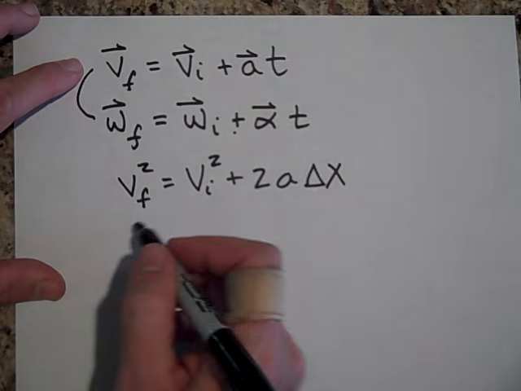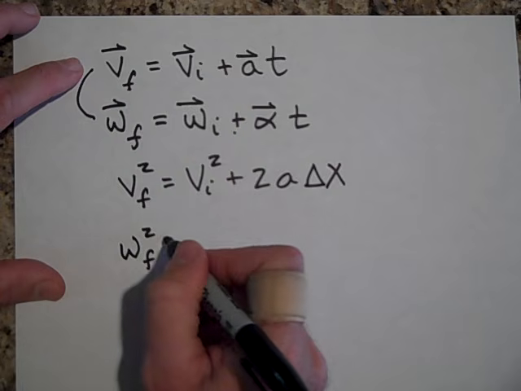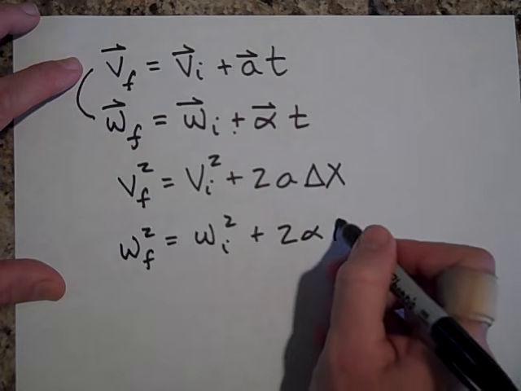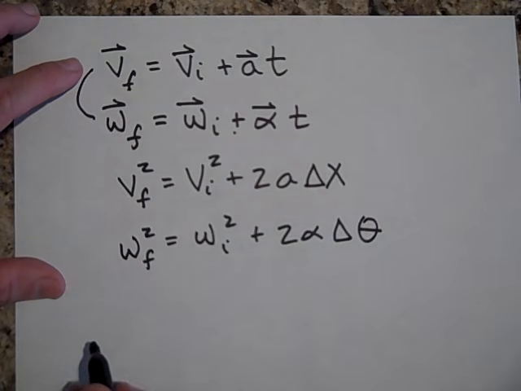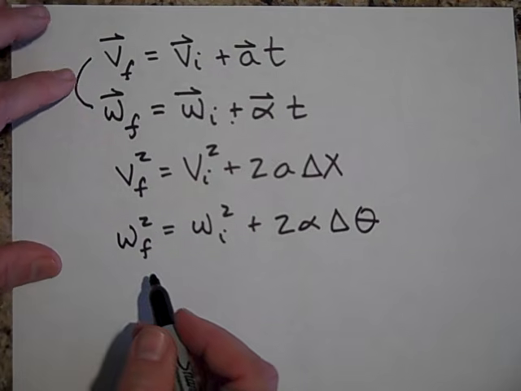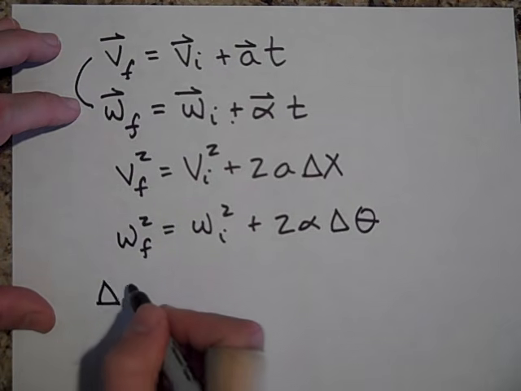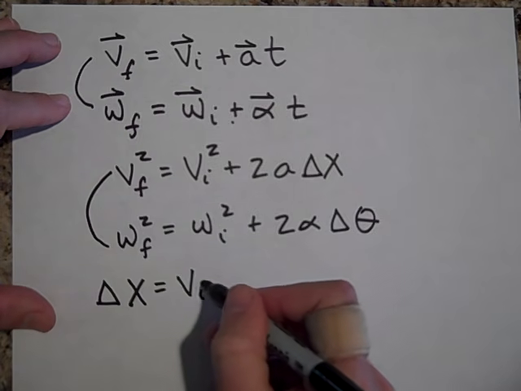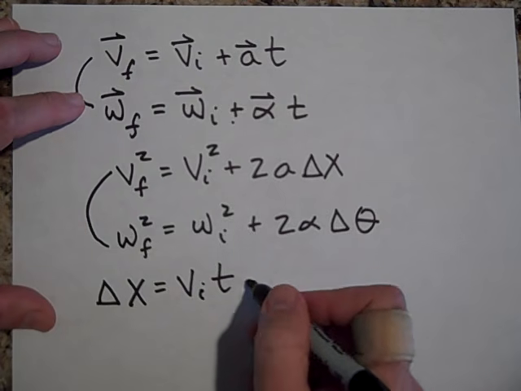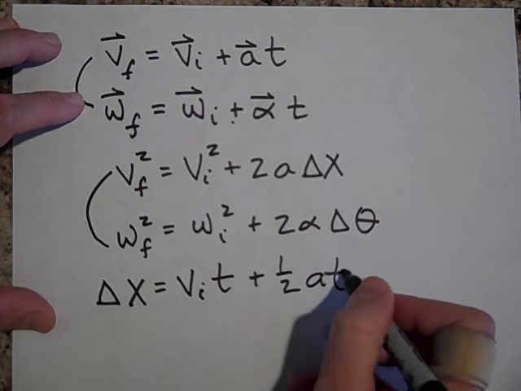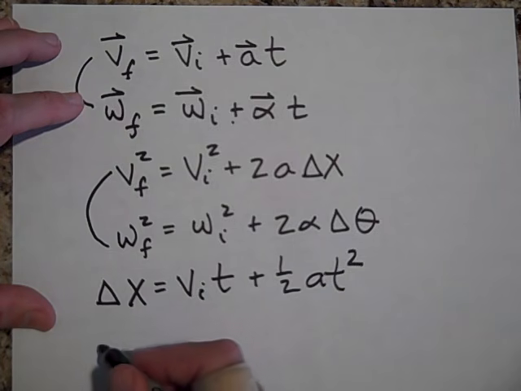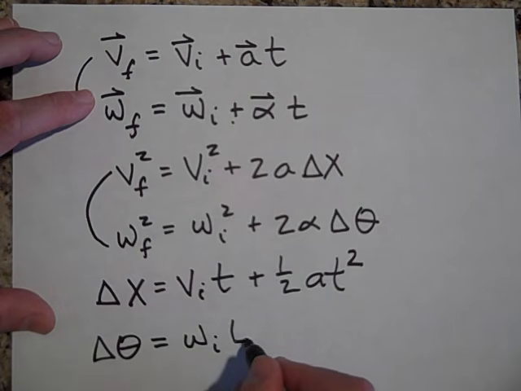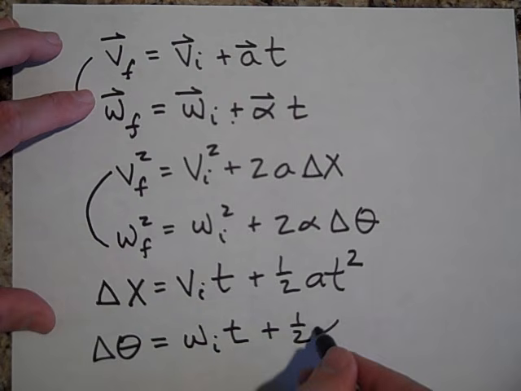The counterpart to that is omega final squared equals omega initial squared plus 2 alpha delta, not x, but theta. And then finally, delta x in linear motion was vi times t plus 1/2 at squared. In rotational motion, delta theta is equal to omega initial times t plus 1/2 alpha t squared.